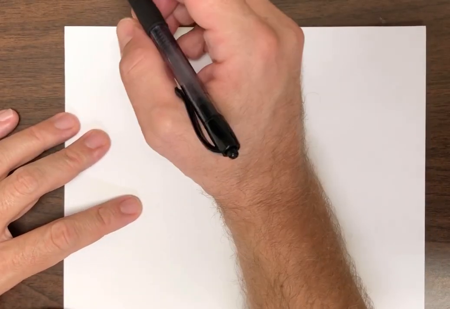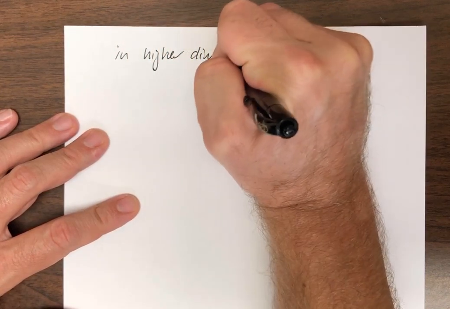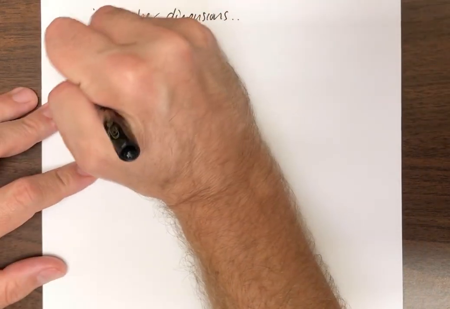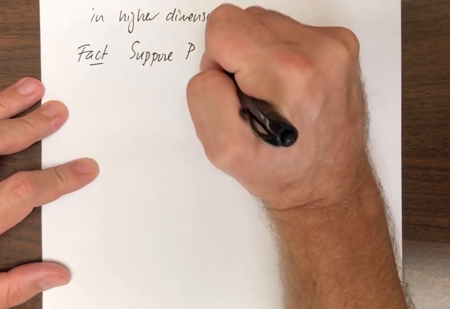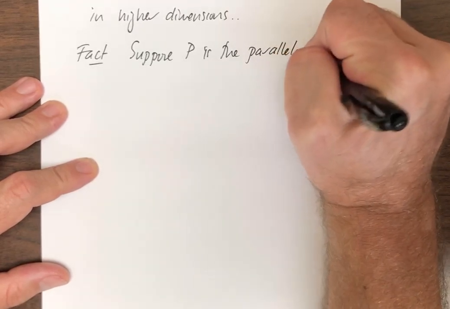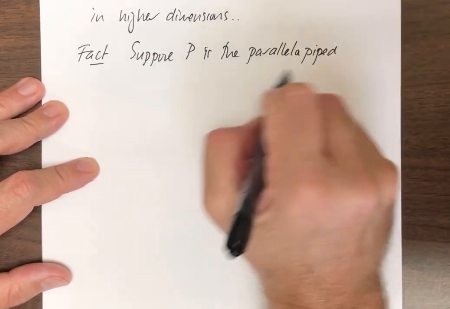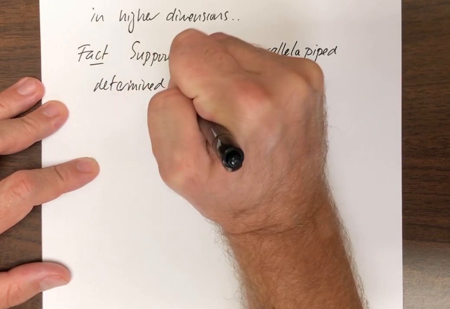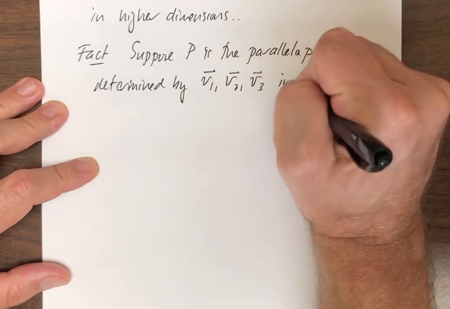So I'll say a little bit why that works in a second, but in higher dimensions, what's pretty cool is that this generalizes. So for instance, I'll just say it this way, fact: now let's suppose P is what's called a parallelepiped. Is it O or A? I never remember there, but it's the parallelepiped determined by 3 vectors, v1, v2, v3, and now we're in R3.